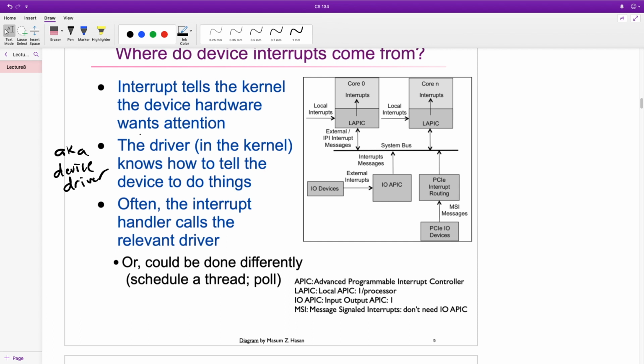And there's a separate thing that happens for PCI, and this is sort of legacy now. It's still used, but most stuff for the future just uses a system bus, so devices can talk directly to the system bus and provide interrupt information.